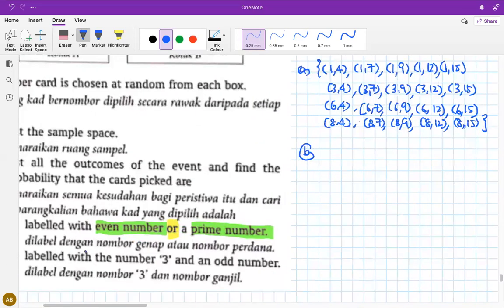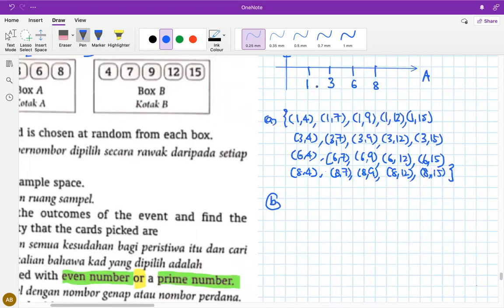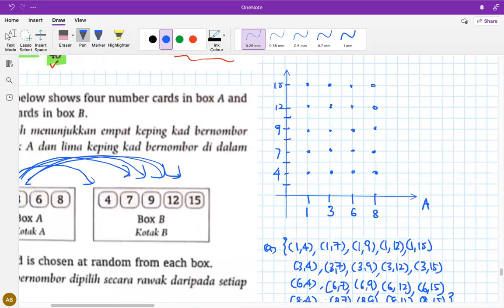So labeled with even number or prime number, that means even or prime. You have to take note. Even will be 6, 8, 4, 12, and then prime will be 3 and 7.